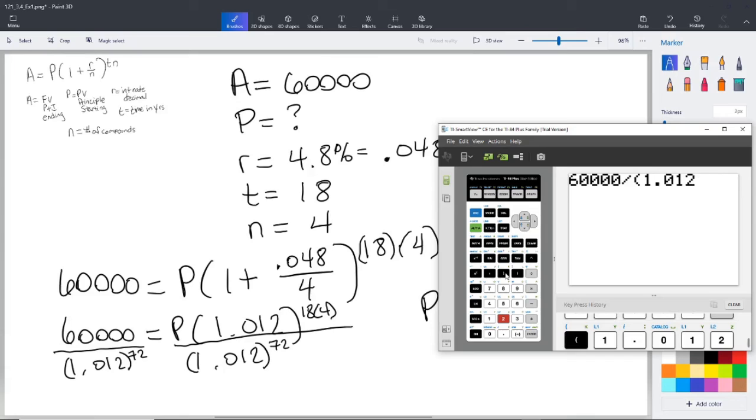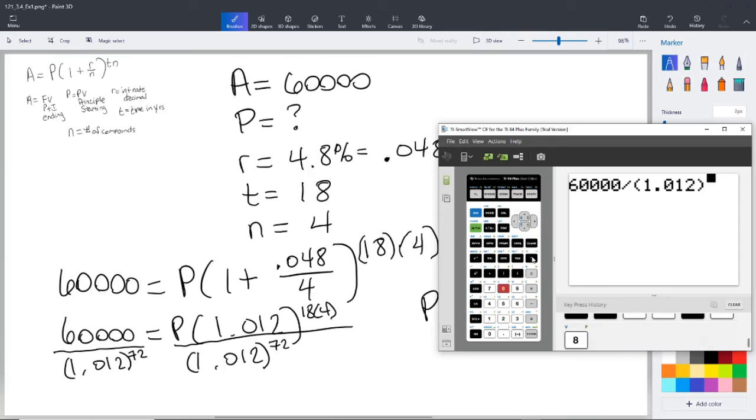We're going to end our parenthesis, and then we're going to raise it up to the power of 72. And if you don't like that, you can always do 18 times 4 as well. It'll work the same way at that point. And then we're going to hit enter, and the magic is going to take over. And it tells us that we're going to need to save roughly $25,418.76.